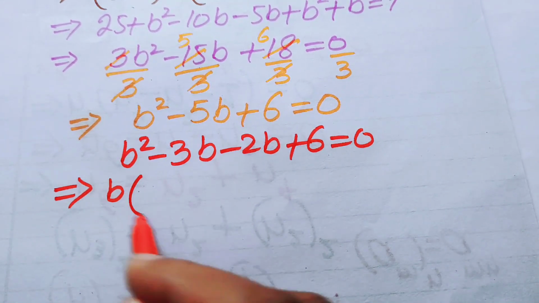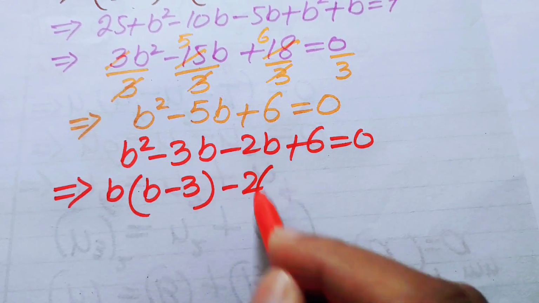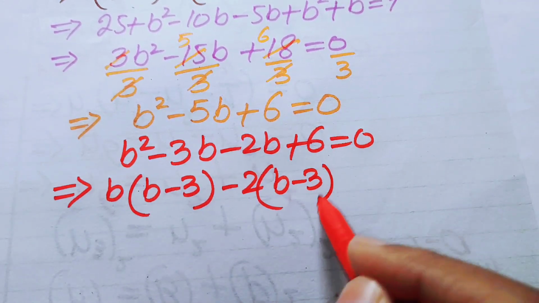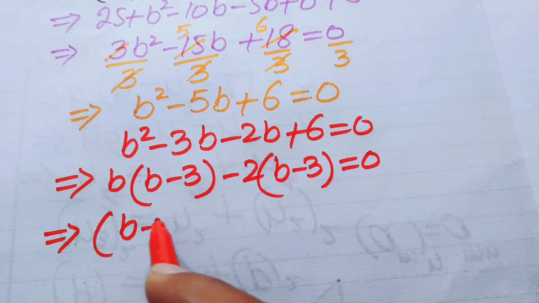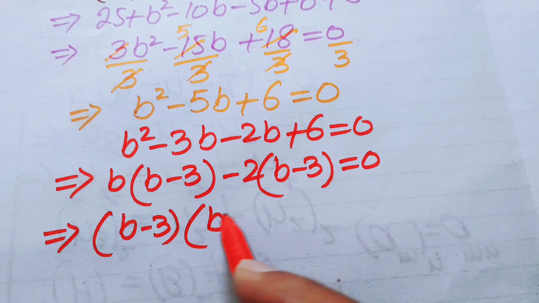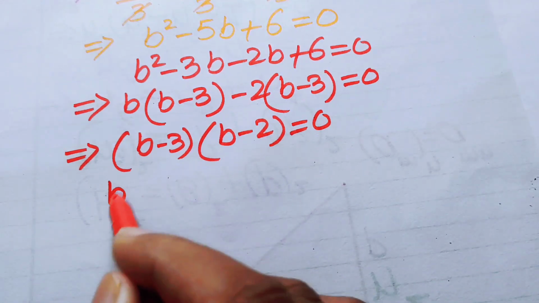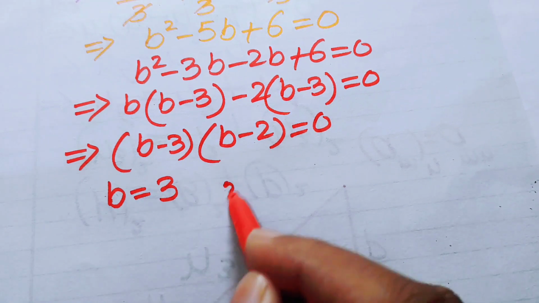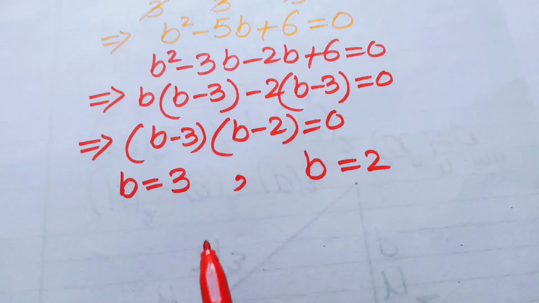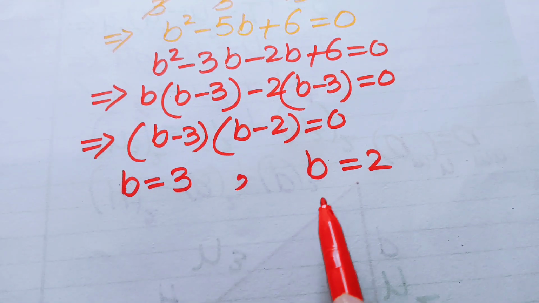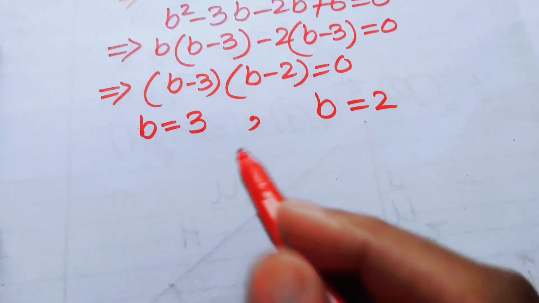This implies that we take b common and get b minus 3, and we take minus 2 common and get b minus 3 equals 0. Now we take b minus 3 common from both terms, and you get b minus 2 equals 0, so that you obtain the value of b is 3, and similarly the value of b is 2. Now we put the values of b, 3 and 2, here, and we get the value of a.